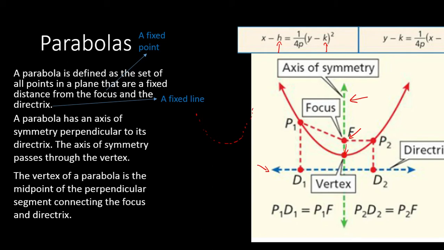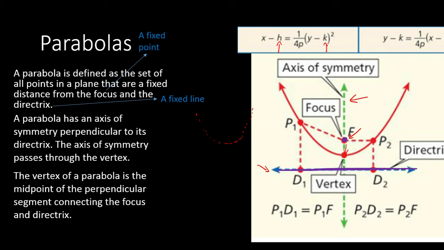Now, this vertex is the midpoint, meaning it's halfway between two things. One, the perpendicular segment connecting the focus and directrix. So, here is my directrix. Here is my focus.